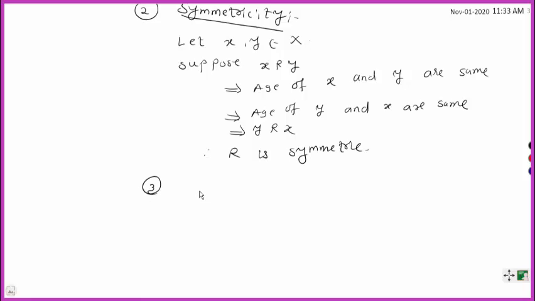Why is this R transitive? Transitivity. Let us check transitivity. How can you check the transitivity?